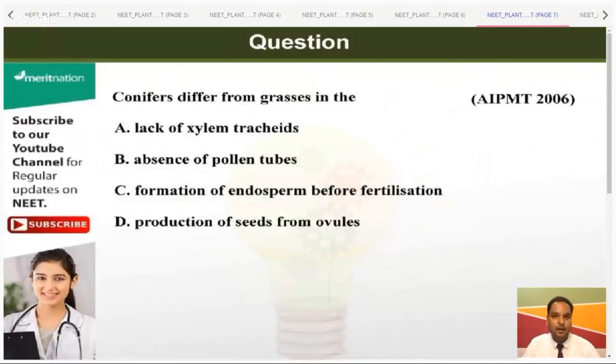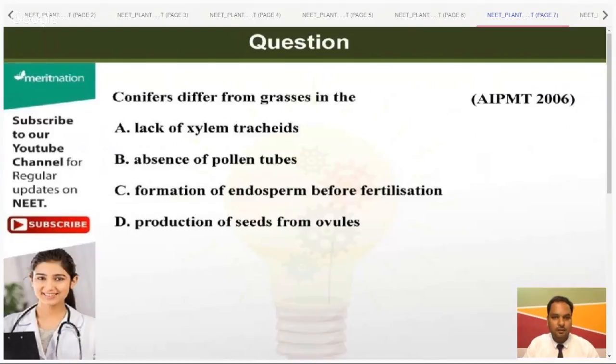Now here, another very important question, which talks about the characteristics of two broad categories of plants, conifers and grasses. Conifers differ from grasses in lack of xylem tracheids, absence of pollen tubes, formation of endosperm before fertilization, and production of seed from ovules.